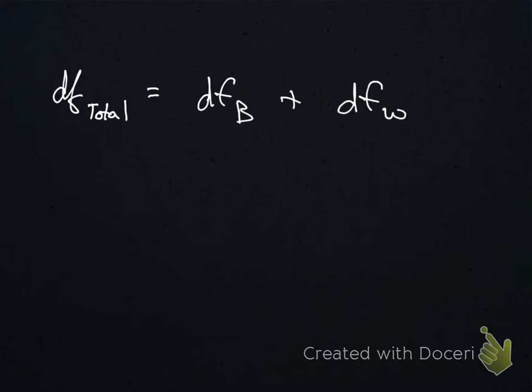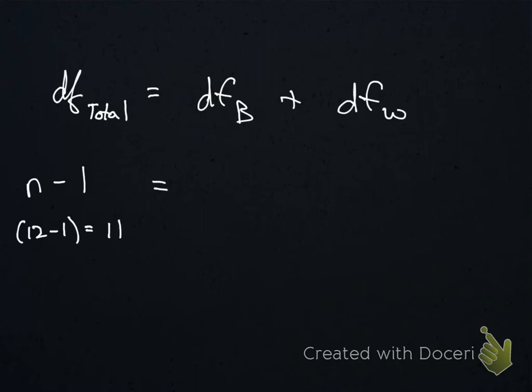The degrees of freedom total is pretty straightforward. It is n minus 1, just like we saw all across. So in our example where we had 12 people total across all three groups, this would be 12 minus 1, or 11. That's going to be broken into two parts.